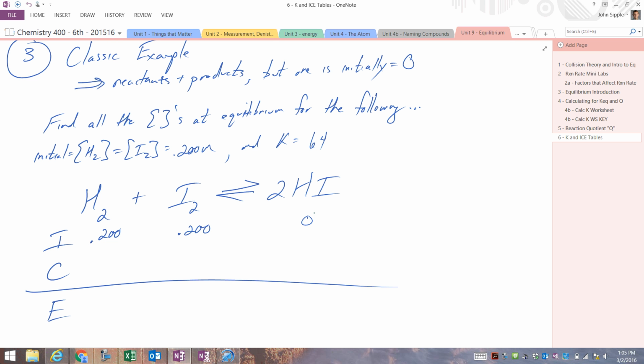If this is going up, this is going to be positive. These have to be minuses. If we're gaining on one side, we have to be losing on the other, because those need to come together to make HI. So what are we going to put in there?